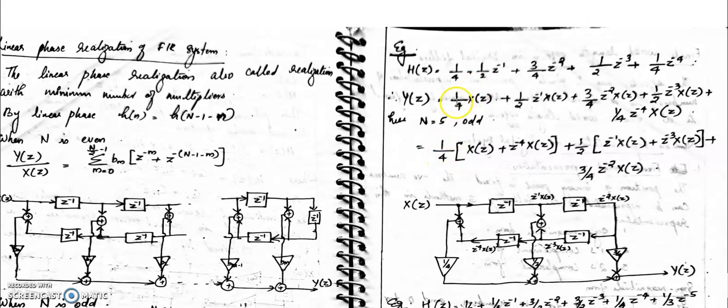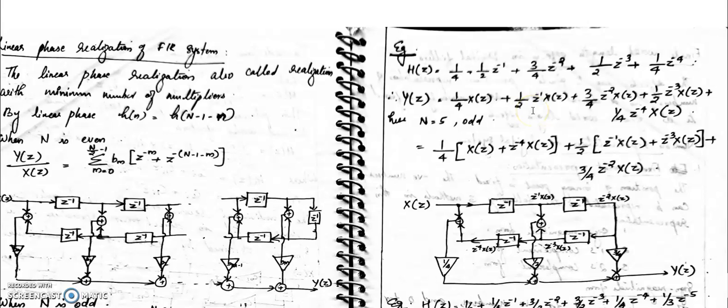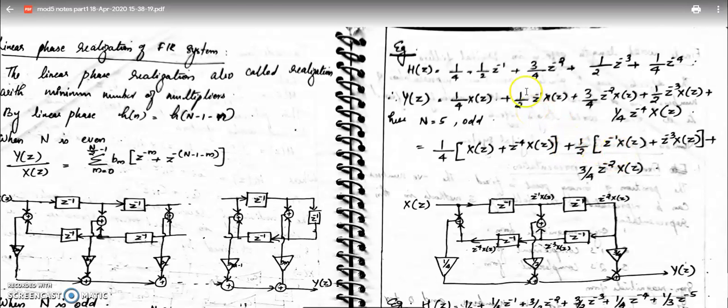That is 1 by 4. If you take 1 by 4 outside, you will get x of z and z raised to minus 4 x of z. Like 1 by 2, if you take 1 by 2 common, you will get z raised to minus 1 x of z and z raised to minus 3 x of z. Then 3 by 4 z raised to minus 2 x of z separately.